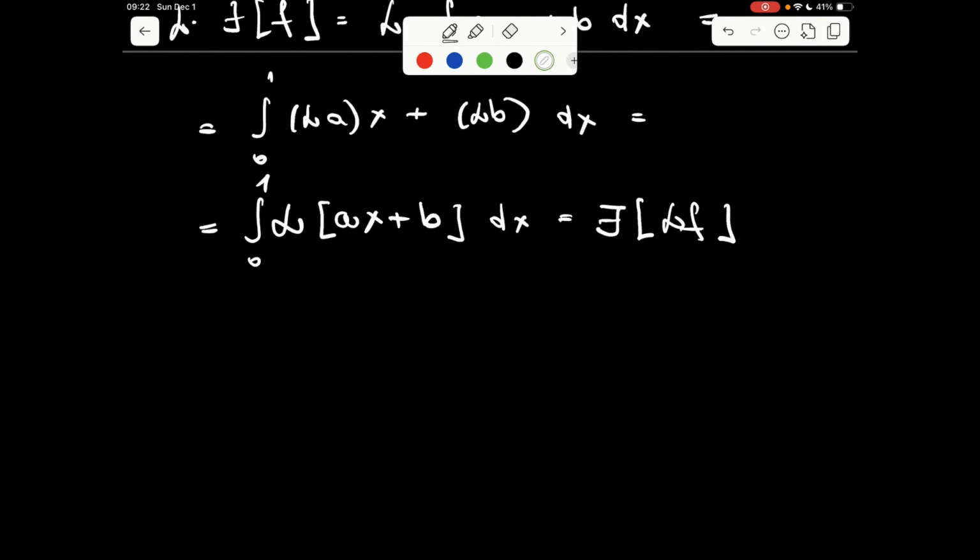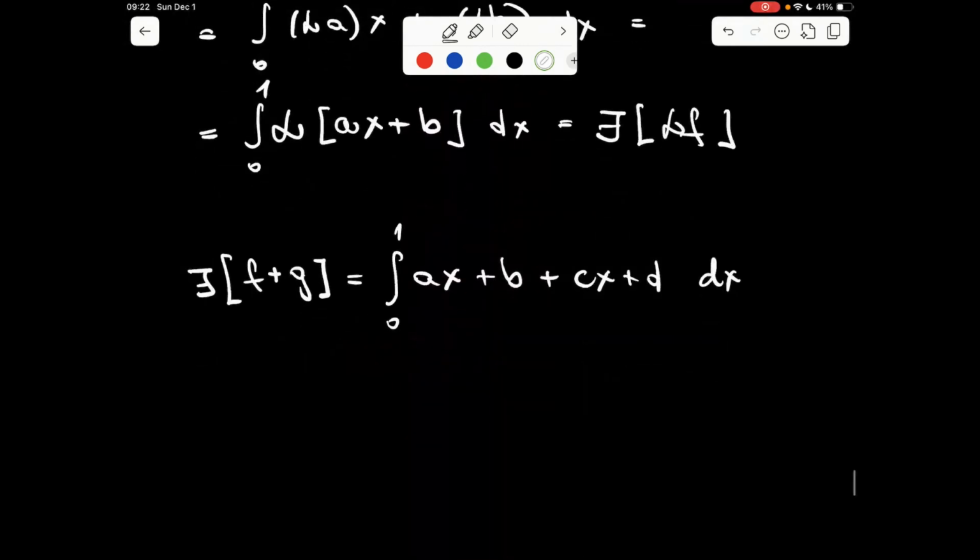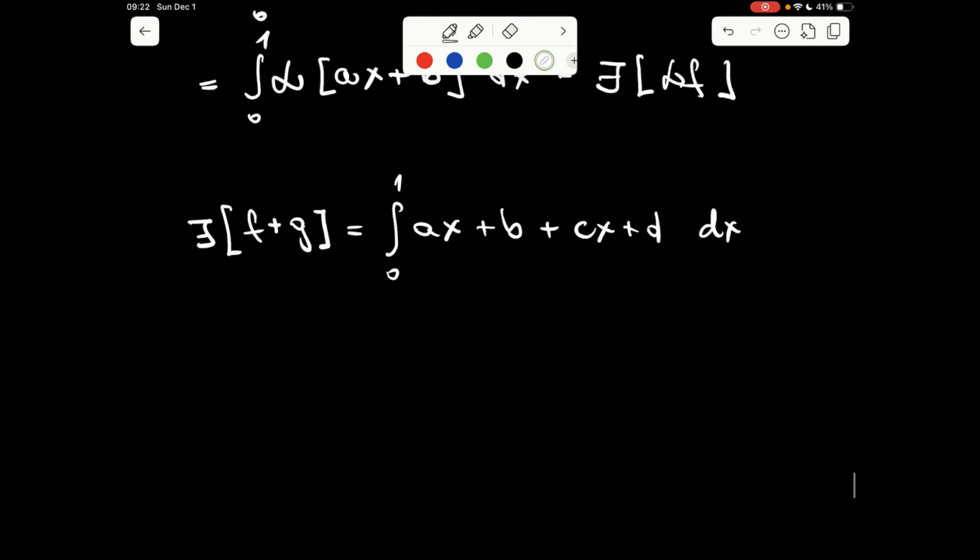The other property. Let's try to calculate the functional for a sum of functions. We use the previous functions, ax plus b plus cx plus d, and we integrate this sum over the closed interval 0 and 1. It's no big deal.